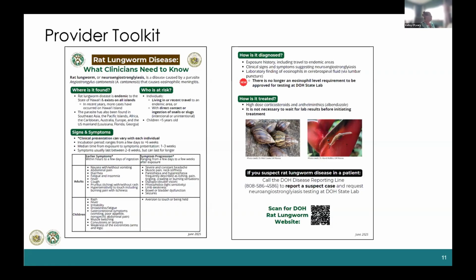You want to make sure your doctors are well informed, because they could be looking at other things, not just rat lungworm. And then in children, it's a wide variety of symptoms too. But what brings them to their doctor is an aversion to touch or not wanting to be held. We're also reminding the providers that you've got to send them to the hospital to get a lumbar puncture.